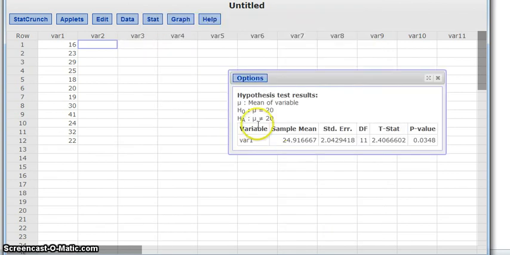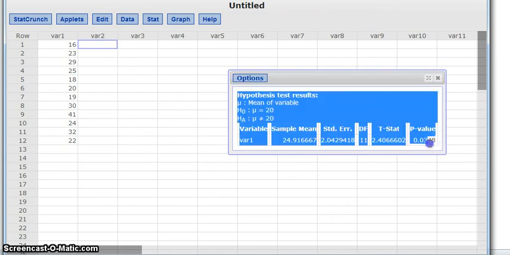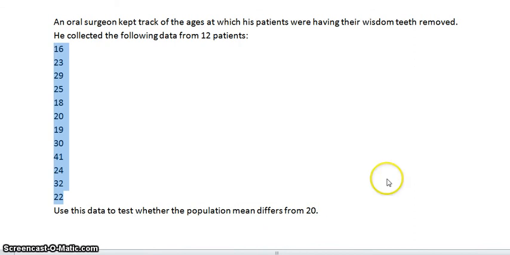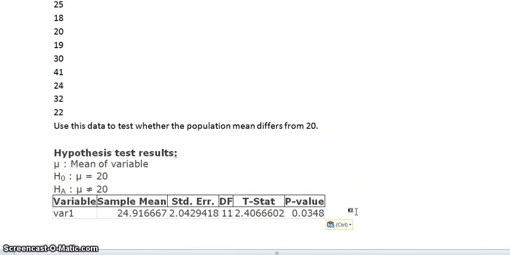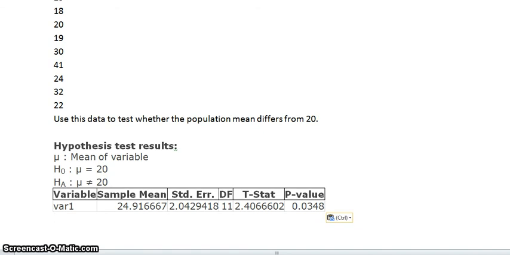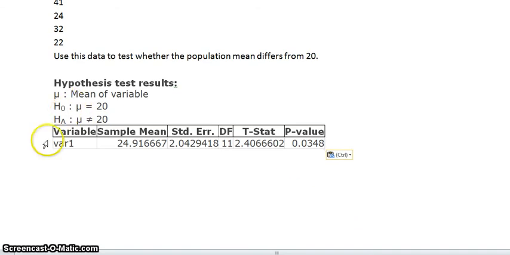And we will compute. We'll copy and paste back over here. So now we have our hypotheses and our test statistic and p-value.